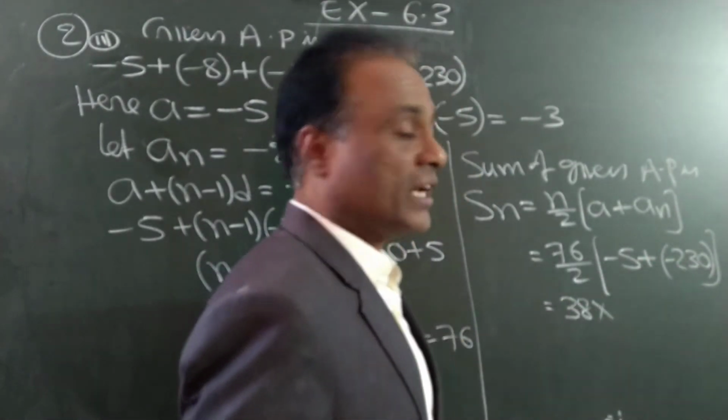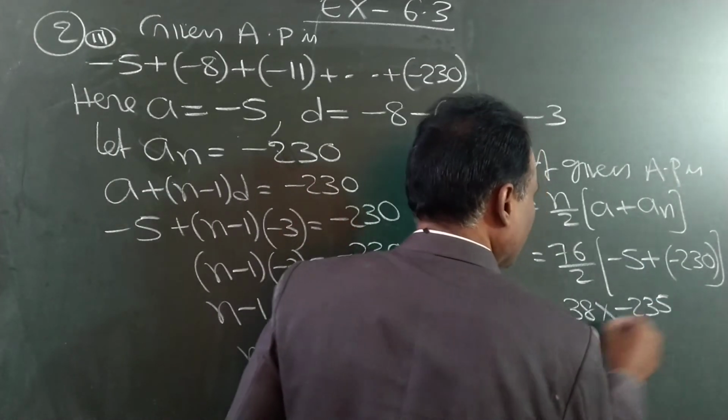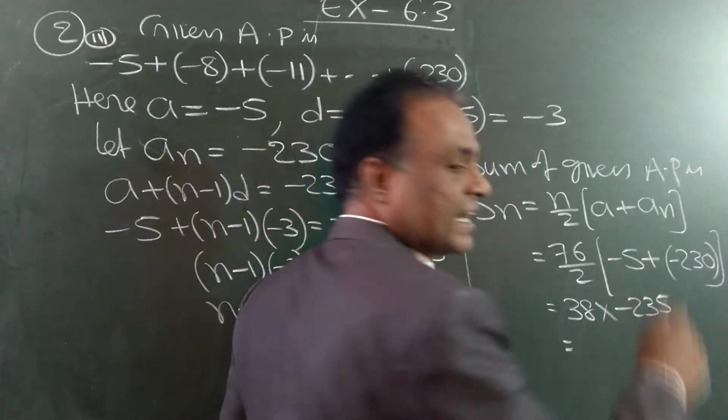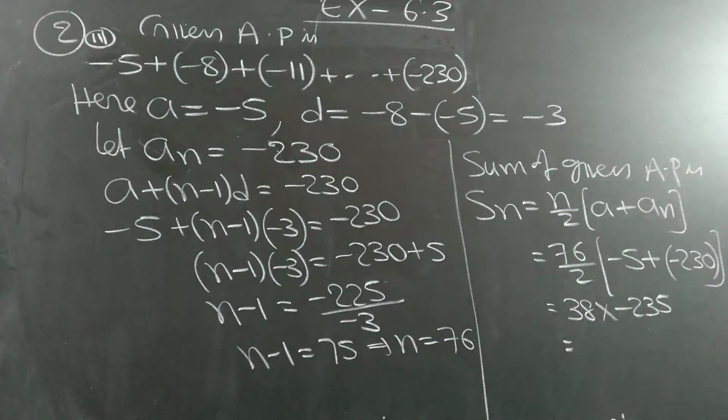Minus 5 minus 230: same signs, we have to add. Minus 235. Students, multiply these two and get it. That is your answer. Do it.